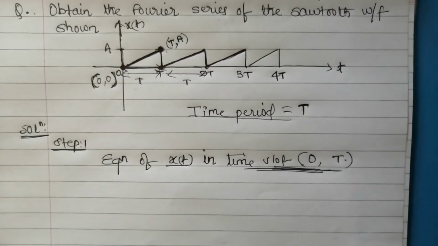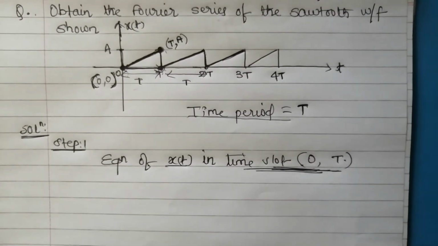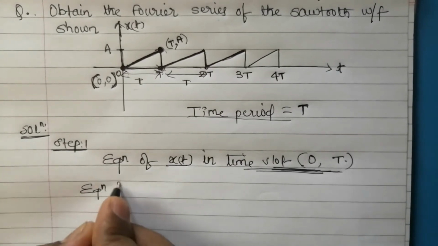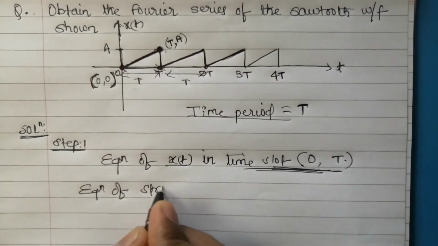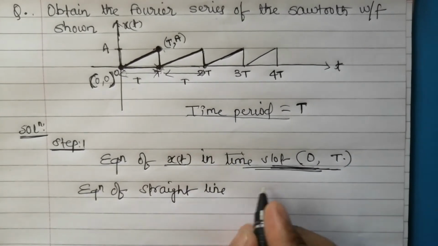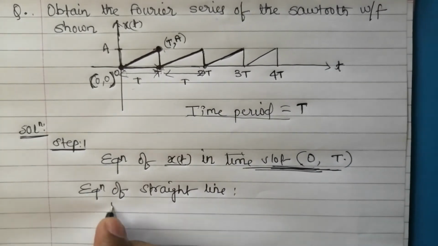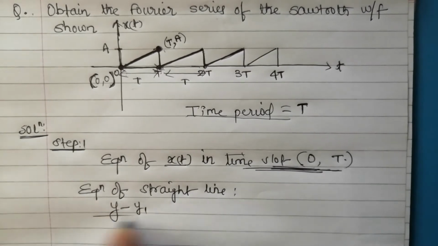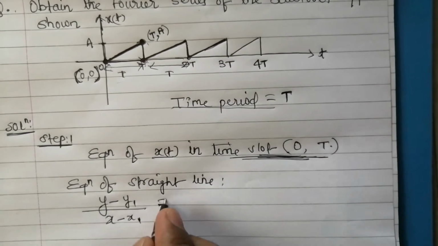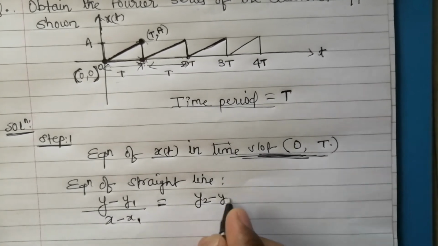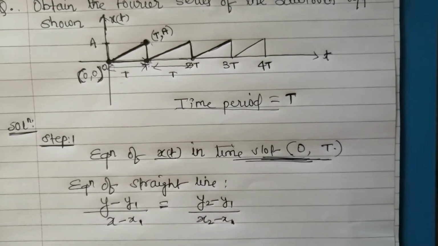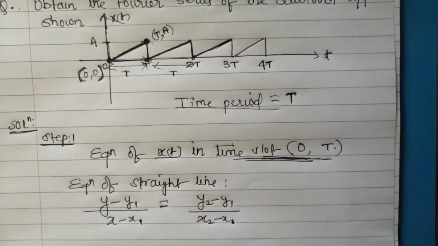So the equation of x of t in this time slot can be written using the equation of a straight line: (y minus y1) by (x minus x1) equals (y2 minus y1) by (x2 minus x1).